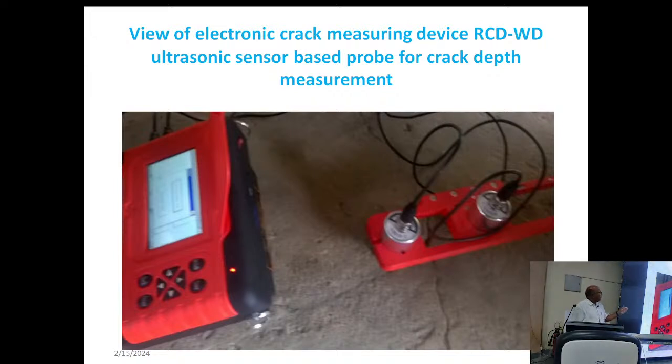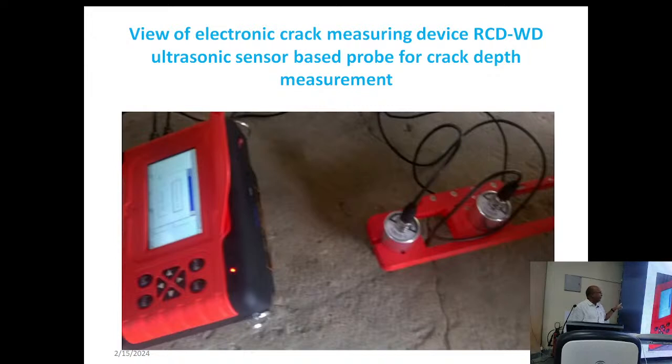So you have to move, you can measure the crack both width and depth of crack. This instrument only 60 centimeters more than it can.